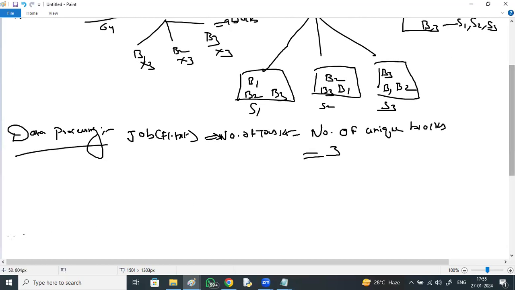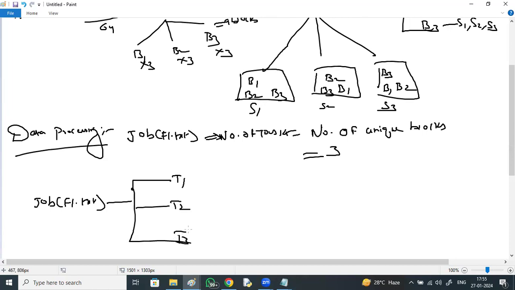So the job to process F1.txt has T1, T2, T3: T1 is for executing B1, T2 for executing B2, T3 for executing B3.